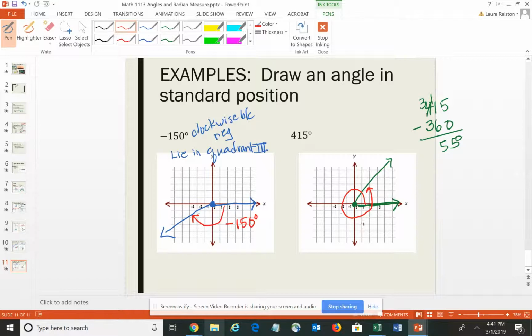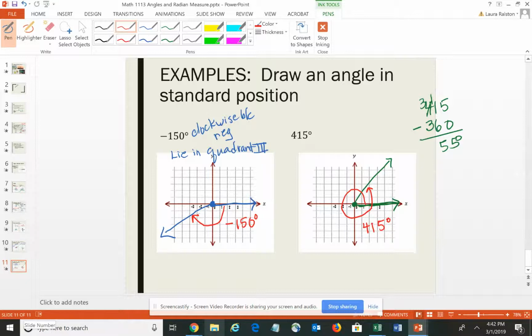So that would represent 415 degrees. If you didn't show that it was a full revolution, folks would probably think it was only that partial revolution, which would correspond to 55 degrees. And this one actually does lie in quadrant 1 as well because of the 55-degree angle.